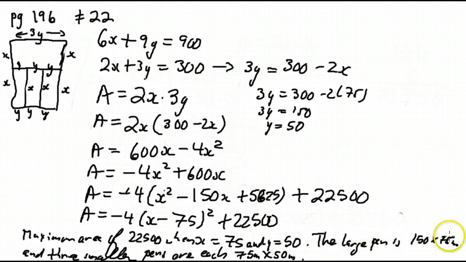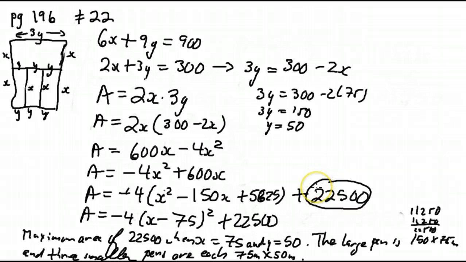Okay, and so if we were to multiply that out, 150 times 75 is 11,250. And 3 of these guys would also be another 11,250, which would add up to 22,500, which is our maximum area. Okay, so that is solving an application problem of a quadratic function.